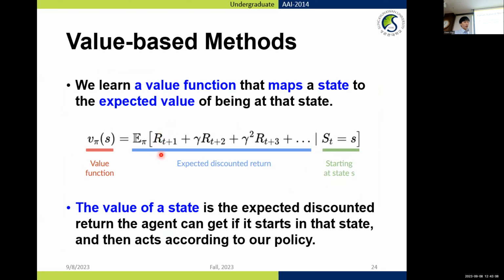With this approach, we can calculate the expected value at that state, and we assign it to this value function. So the value of the state is the expected discounted return the agent can get if it starts in that state and then acts according to our policy.